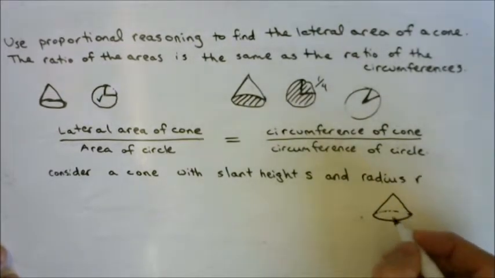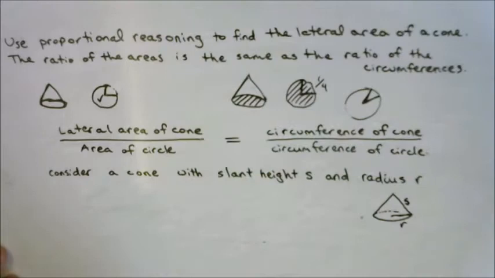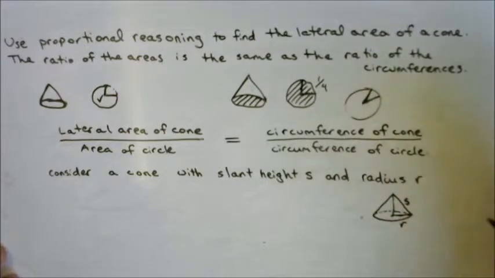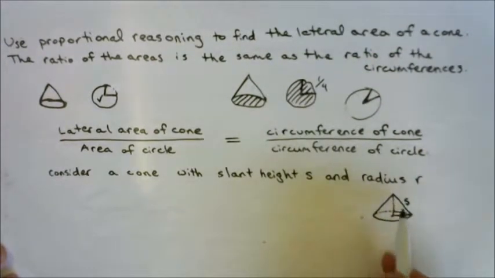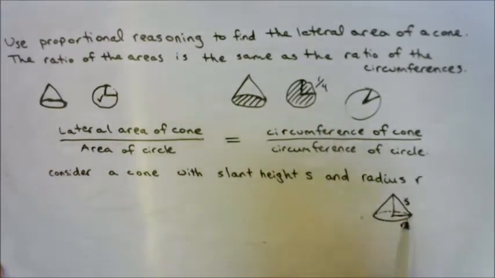It has radius of r and a slant height of s. Does that make sense to you guys so far? We haven't measured the height of the cone yet. We just have the slant height and the radius of its base. So that's what it means when you say you have a cone with a slant height of s and a radius of r. We could say a slant height of 4 and a radius of 3, and that would give you exact numbers, but this is a general example, okay?